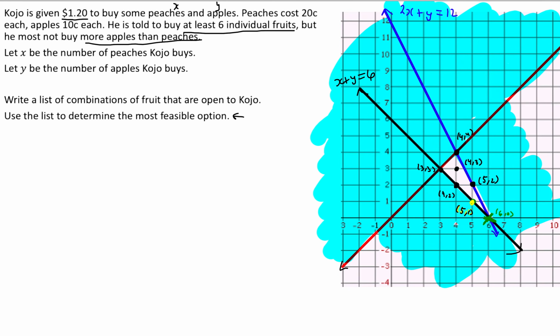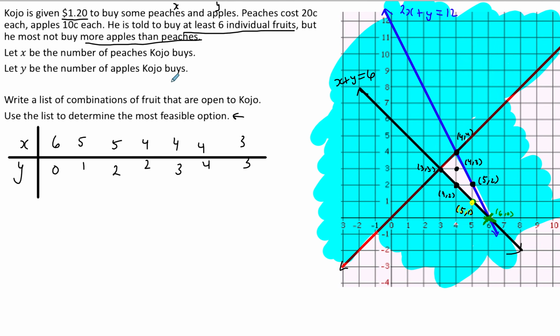So that was the whole point. So I have the x values, the y values. So here are all of them. We have 6, 0. We have 5, 1, 5, 2. We have 4, 2, 4, 3, 4, 4, and 3, 3. So we have all of these values.